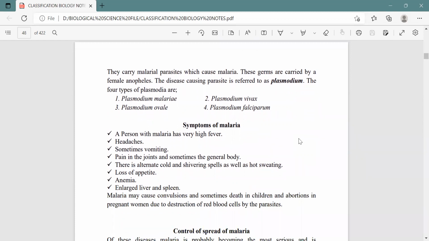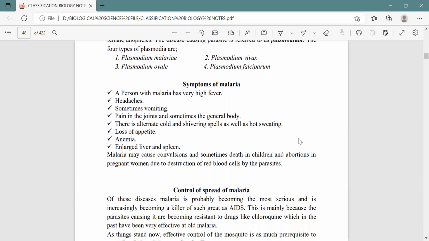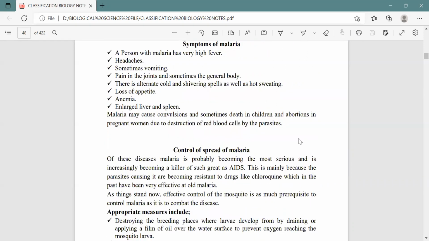Anopheles mosquitoes spread malaria, whose symptoms are those. And this malaria can be controlled not only by preventing the mosquitoes, but also through therapy. Therapy is treatment.